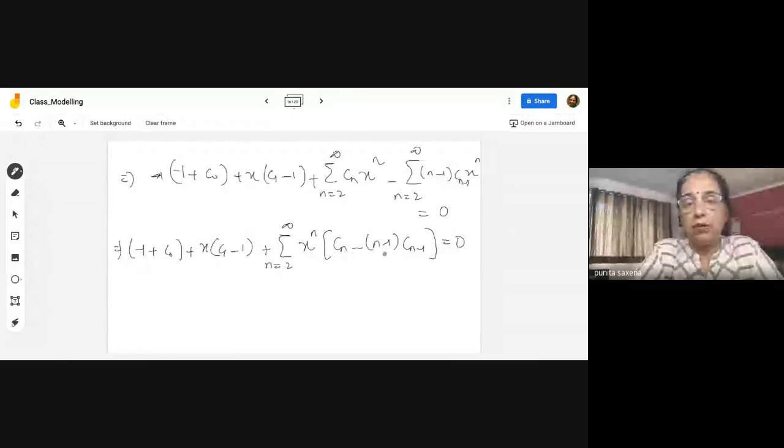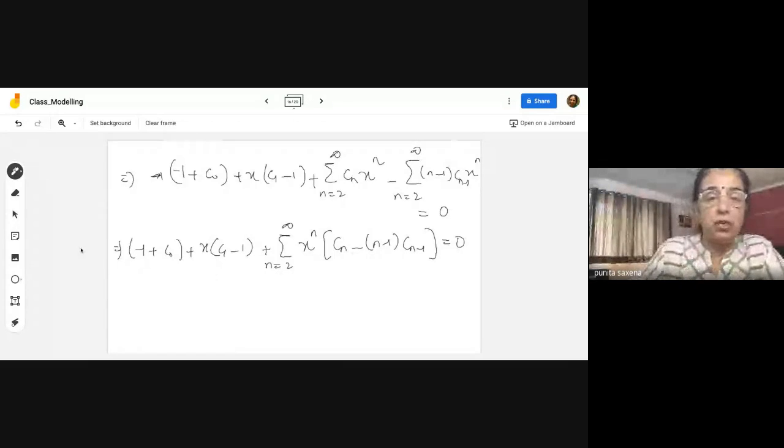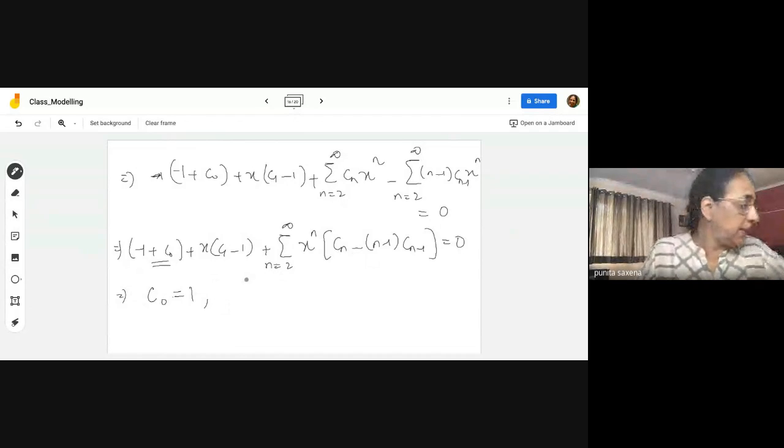Now you can equate the coefficients to 0. So what do you get? That means you get C naught equal to 1 from here. You'll equate this term to 0. Then you equate C1 minus 1 equal to 0. You get C1 is equal to 1.